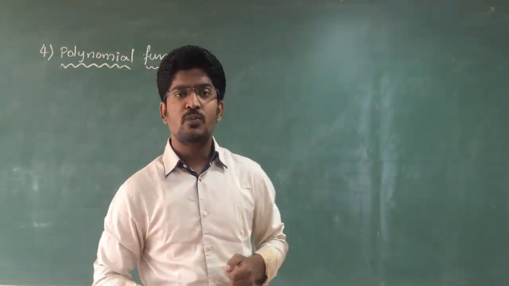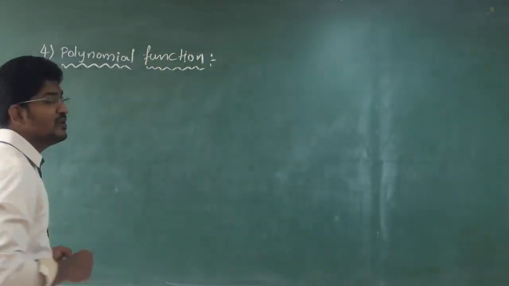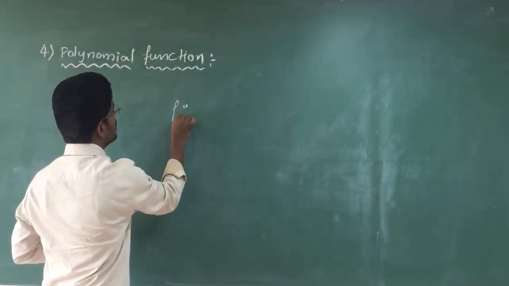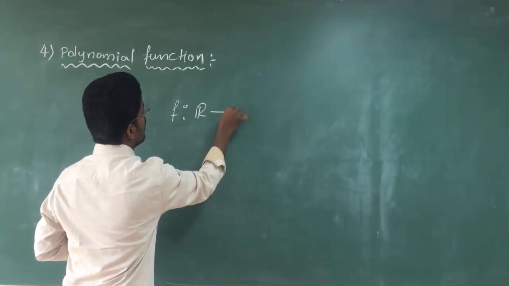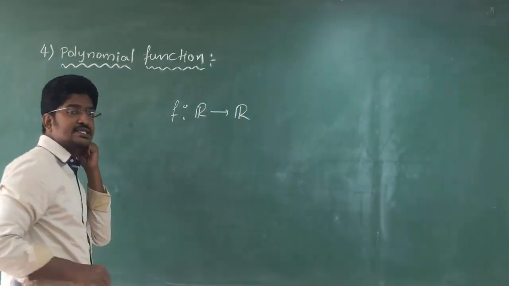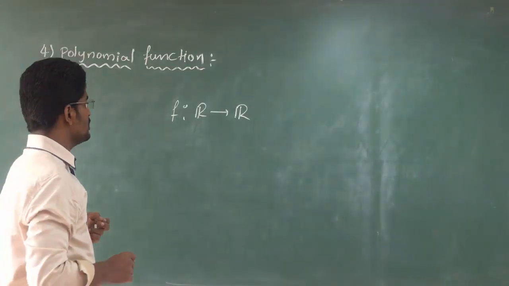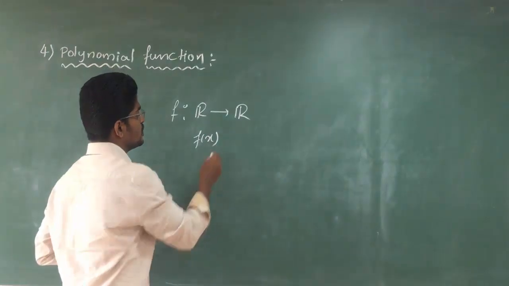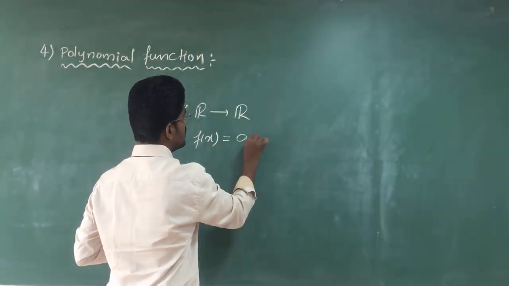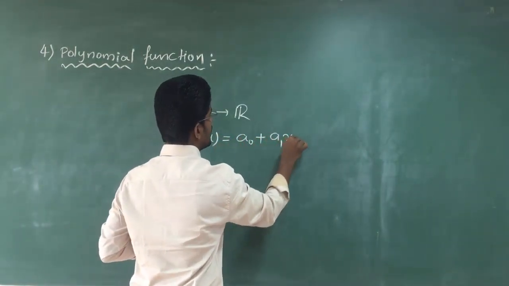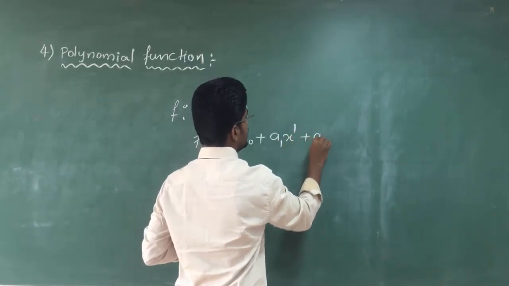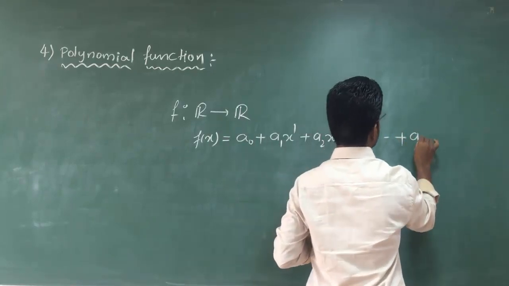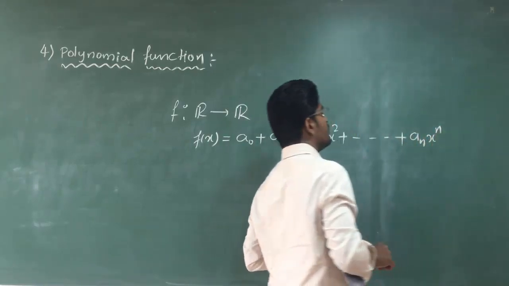So how is the polynomial function going to be defined here? Let us see. Let f be a function from R to R. As you all know, R is the real number set, and it is defined by f of x equal to a naught plus a1 x to the power of 1 plus a2 x square plus so on to plus an x to the power of n.